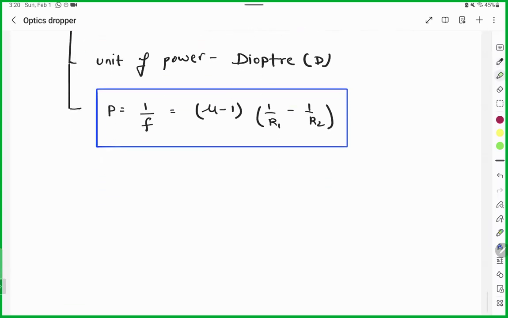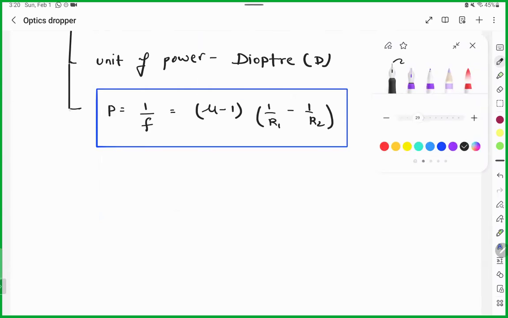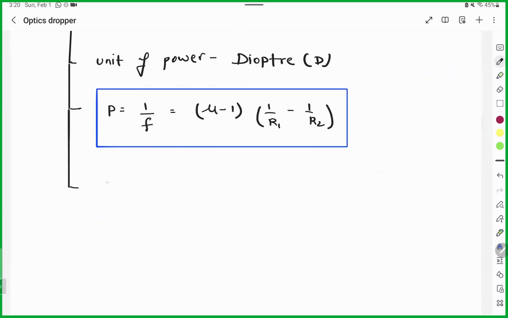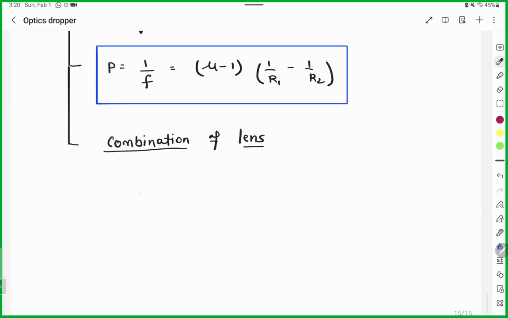Because I was going through your syllabus copy today, just a few minutes back, combination of lenses is also given in your slips. So we'll continue with this part also. If you combine the lenses, what will happen? I will do the simplest version now. Later on, if we see any extra version, we'll solve questions from that part.